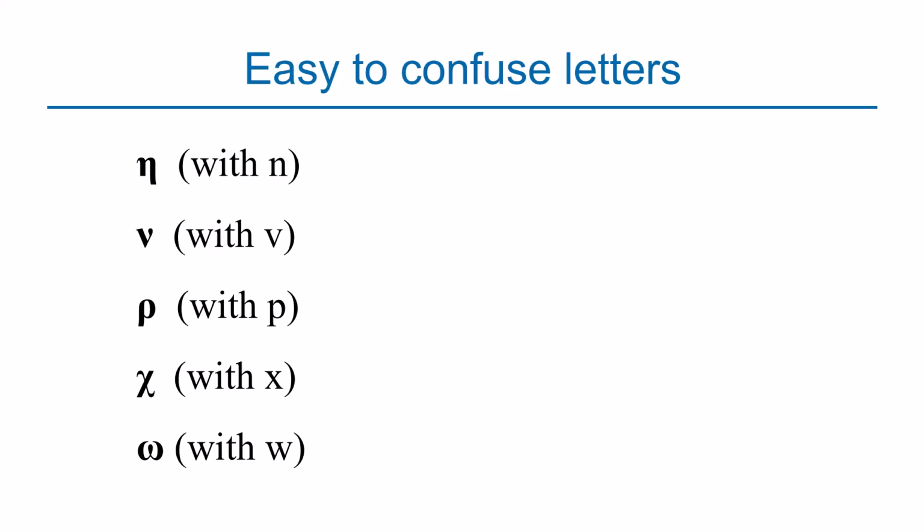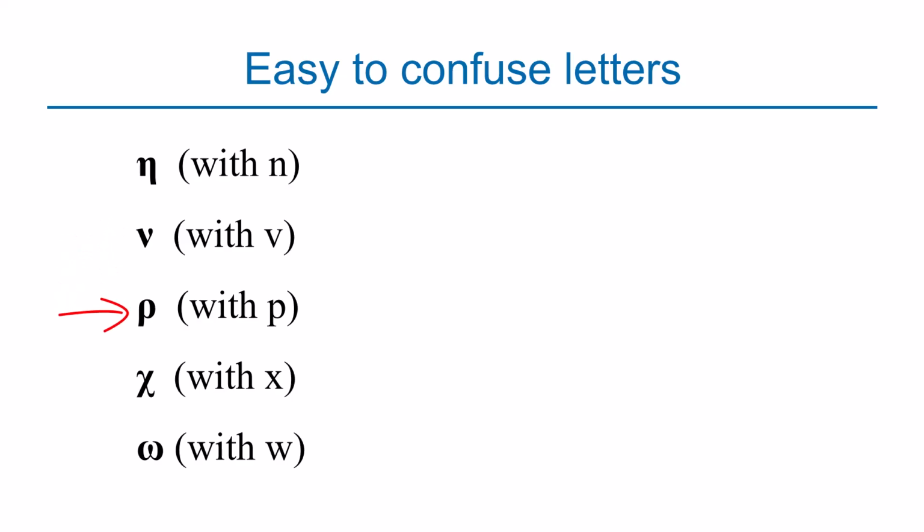As we look at the Greek alphabet, it's very important also to look at letters that are easily confused with the English letters. For example, you have eta. It's easy to confuse eta with the English N, but eta is not to be pronounced as N, because eta is E in the Greek. And you have nu, which looks like a V in the English, but it's not a V. In the Greek, it's N. It has that N sound.